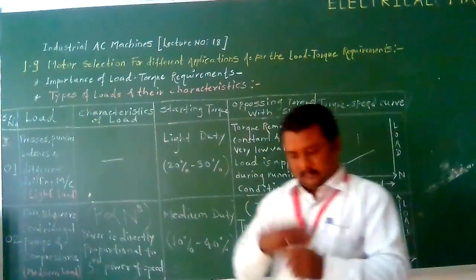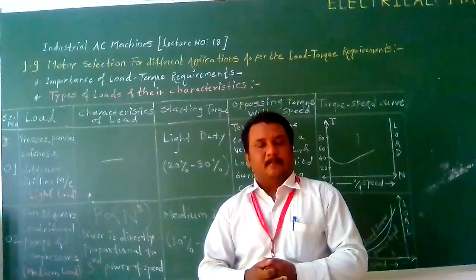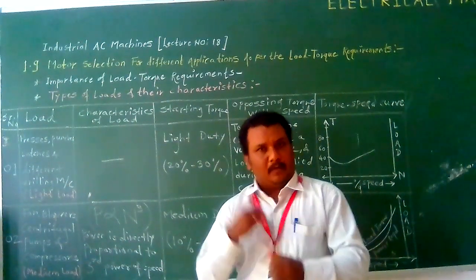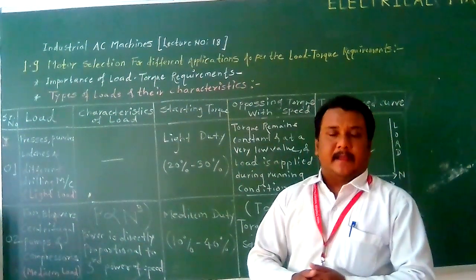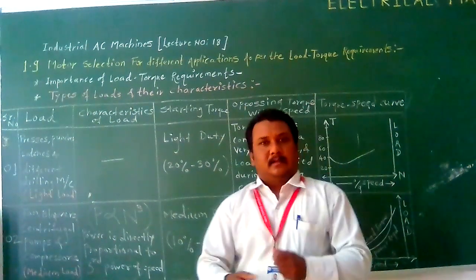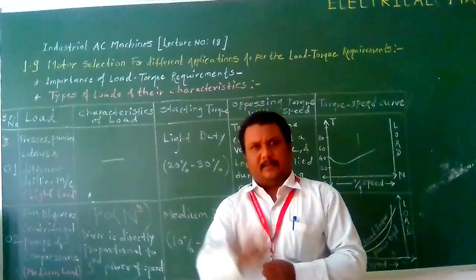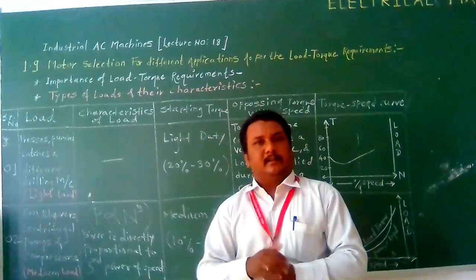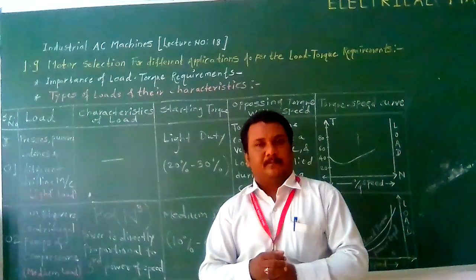In design it is a very important parameter to determine load torque characteristics, so that we know 3 HP motors are very light duty motors. They can be used up to 10 to 20 Newton meter torque.